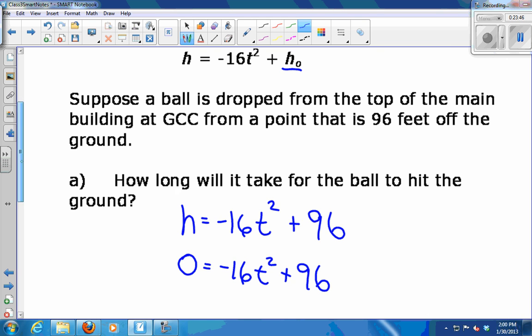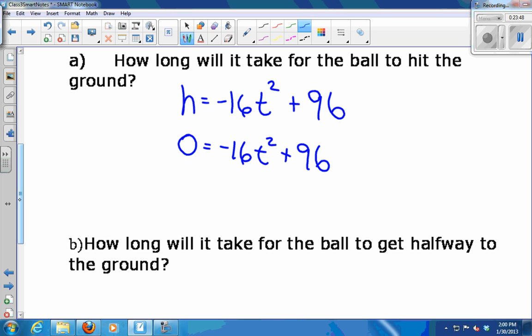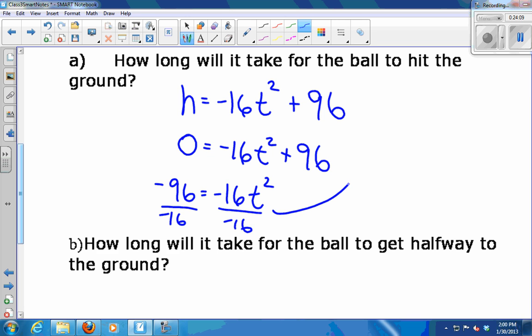Great. So how do you want to solve this equation? Divide by negative 16. So we end up with t squared equals 6.